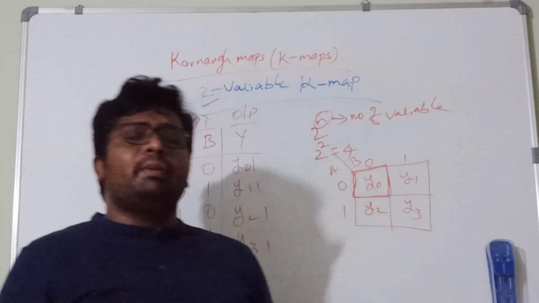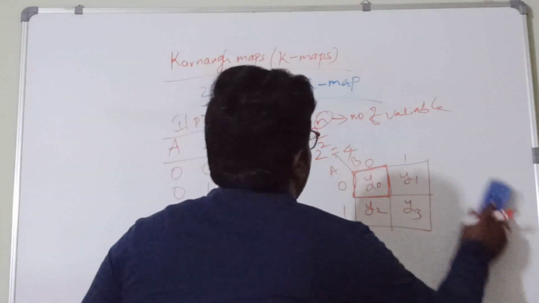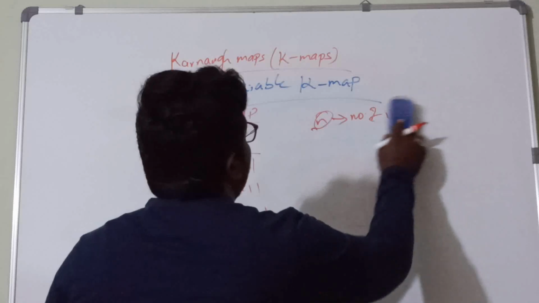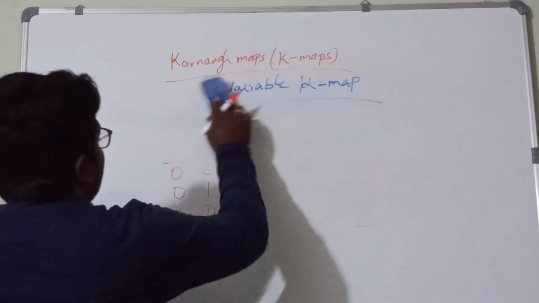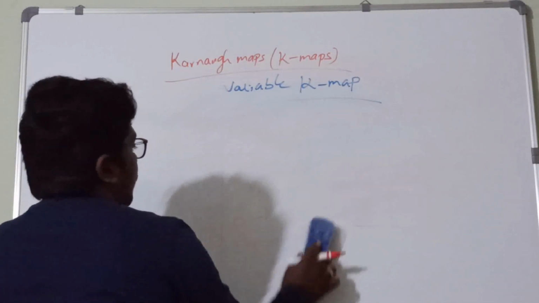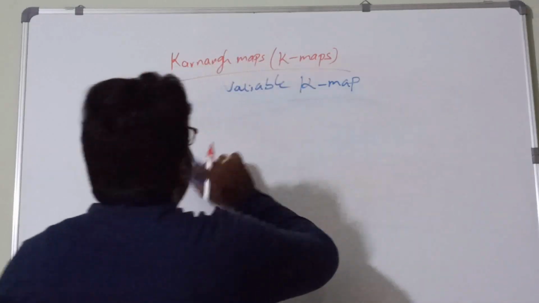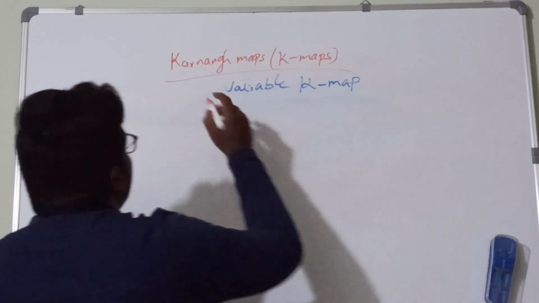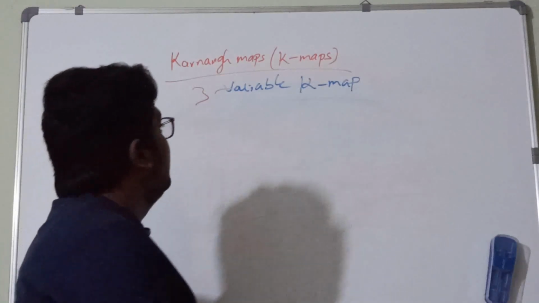In the same way, we will represent the 3 variable K-map. Now let us see how the 3 variable K-map is represented.